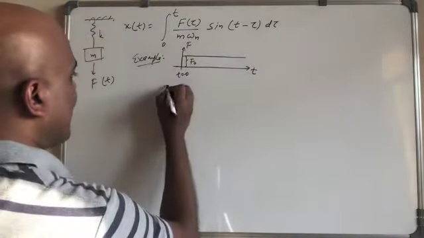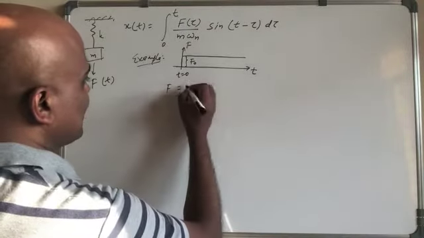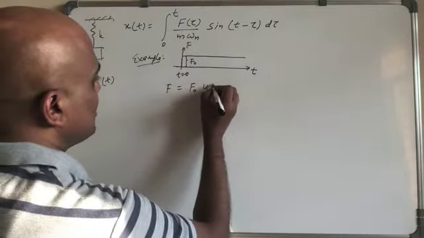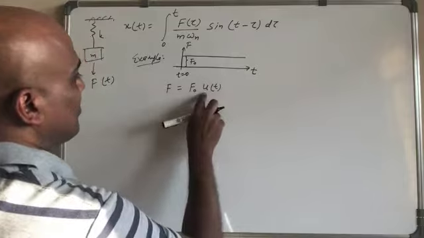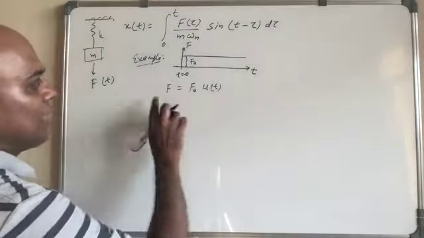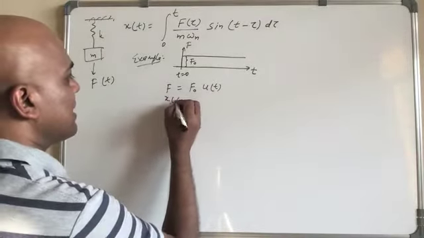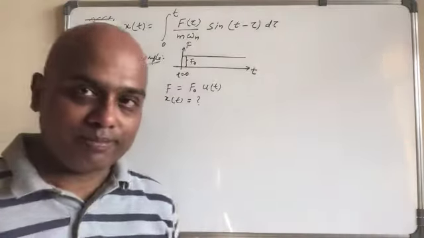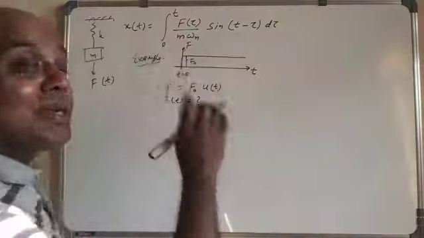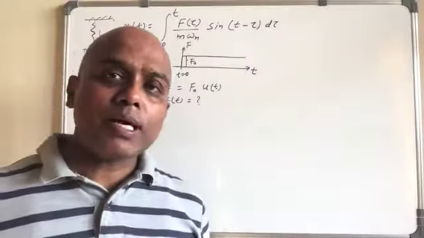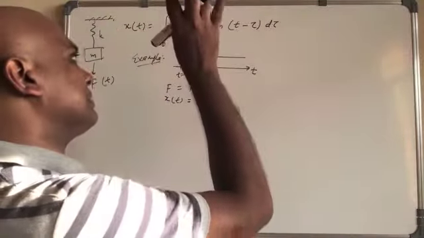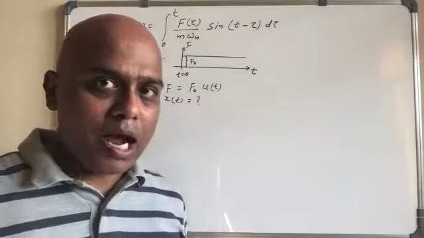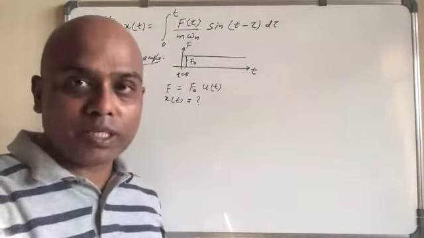So as I wrote yesterday, F equals F naught times the unit step function u(t). Yesterday we solved it with a different method, the Laplace method. Today we are going to apply this convolution method, or impulse response method.